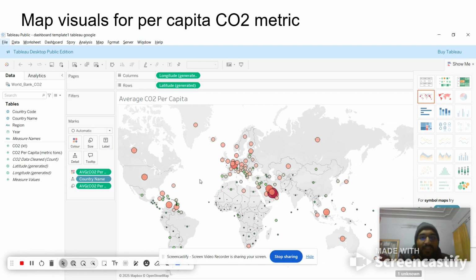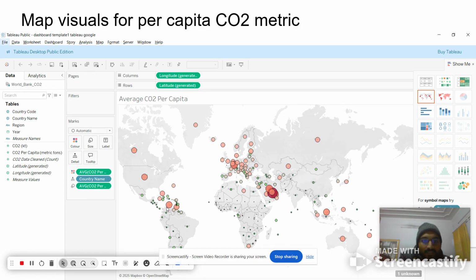Now when I draw it using map visuals on Tableau, you can see that the major area is the darkest one. So this is one dark area, then another you can see here, and finally I saw it here.